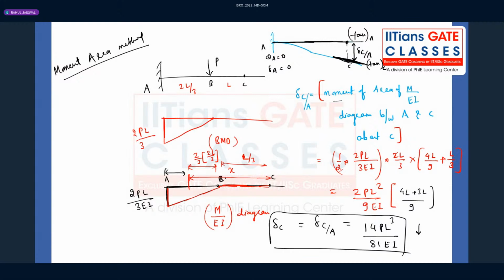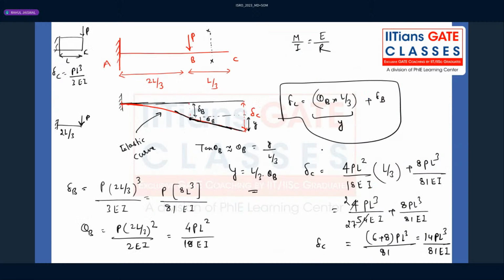Not this point A, but the distance from the centroid of this to the point C where we are calculating the deflection. So that is the moment area method, and that is what we have seen. This is a very simple method because we know the standard results, theta B and delta B.